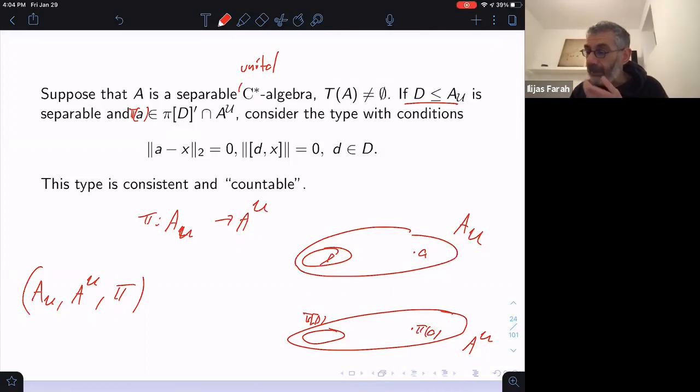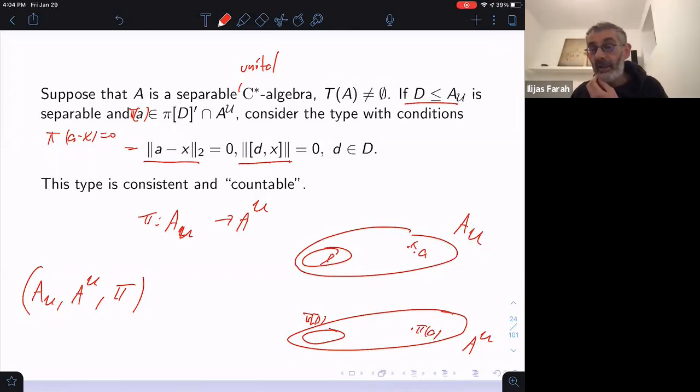First, the L2 norm of A minus X is 0, which is really just a different way of saying P of A minus X is 0. So X, if we can realize it, is going to be something that is, modulo tracial norm, the same as A. And what do the other conditions say? They say that X commutes with everything in D, but now it's the operator norm.